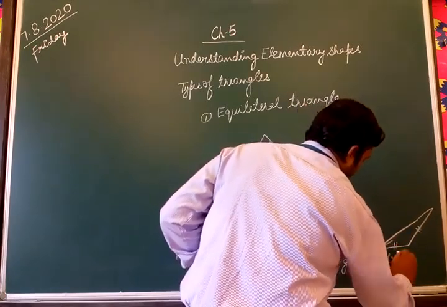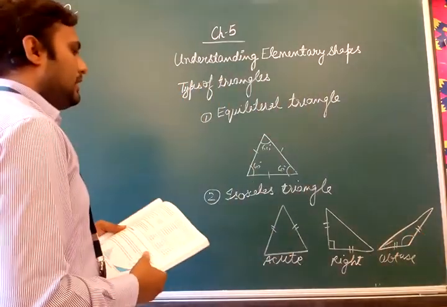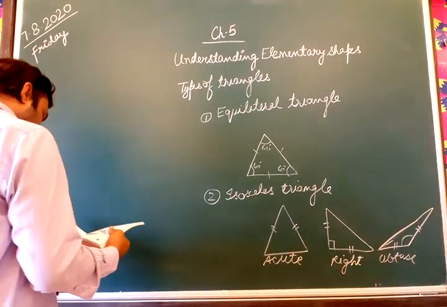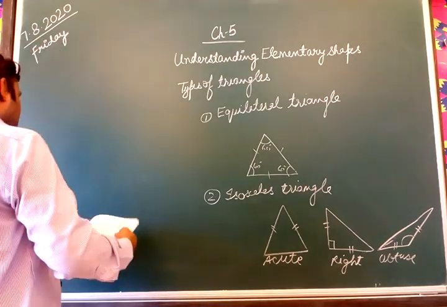This is the obtuse isosceles triangle. So we have three isosceles triangles: first is acute, second is right, and third is obtuse.